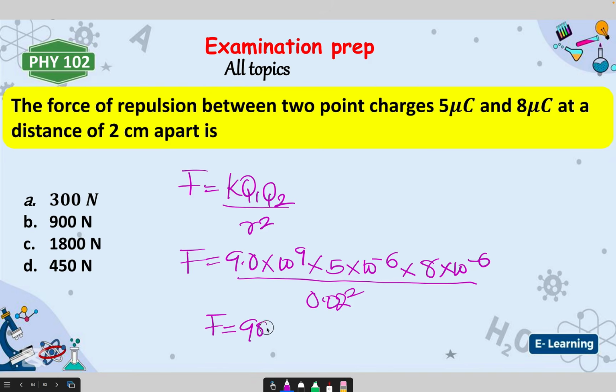So our force is 900 Newton. Option B. Is that okay?